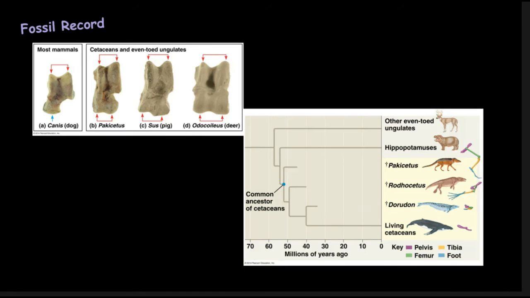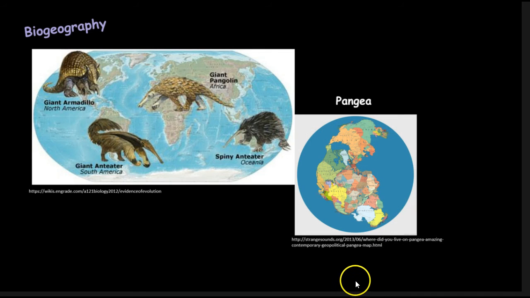Okay, now lastly we have biogeography. Biogeography is the study of the geographic distribution of species that was influenced by continental drift. So back 250 million years ago, the world was considered to be one big continent, which we called Pangaea.